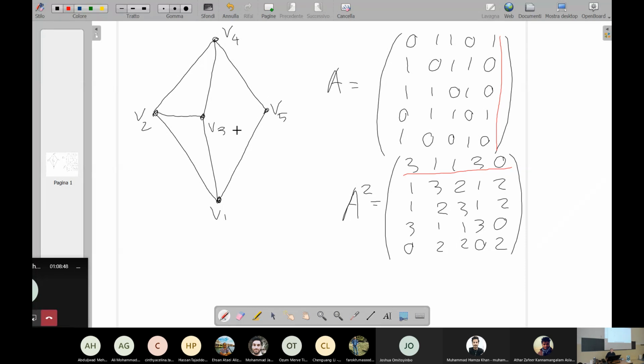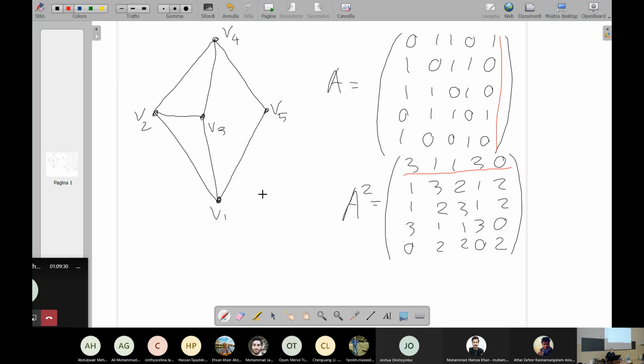And so, if I want to see a 3 walk from V1 to V5, I'll have that the last edge of that 3 walk is either this or this, okay? And up to here or to here, I must have a 2 walk, okay? And so, let's see, from V1 to V1 itself, I have 3 2 walks. Don't you believe that?